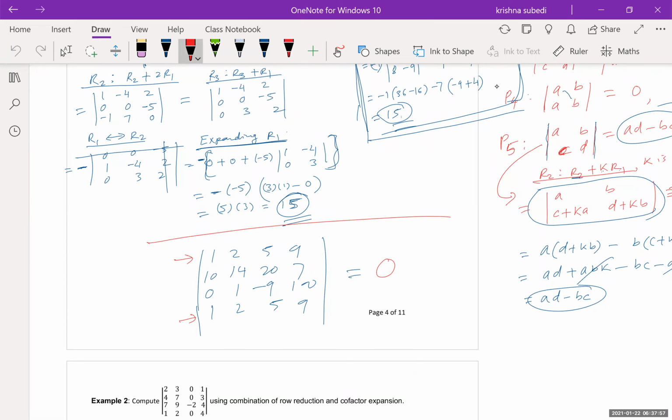In the previous lesson, we know we cannot interchange the column, we can interchange only the row. But in determinant, you can interchange rows, and you can interchange columns as well. The only condition is that if you interchange rows or columns, you must change the sign. That's it.